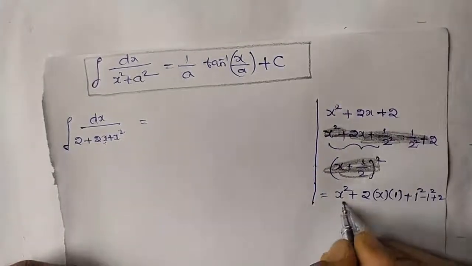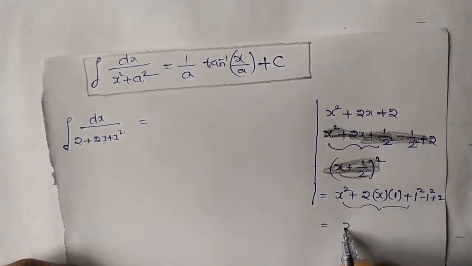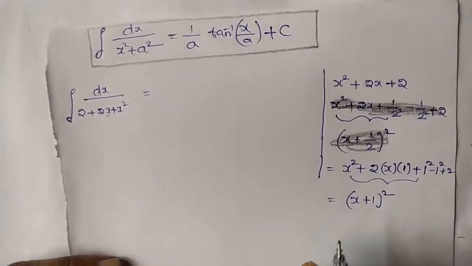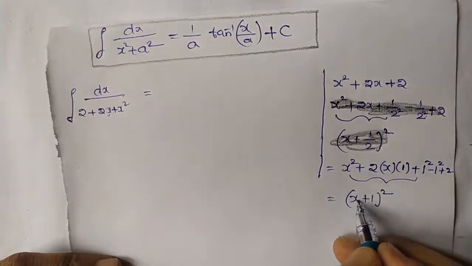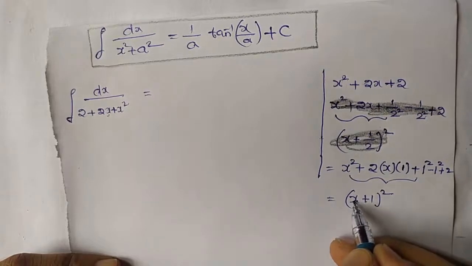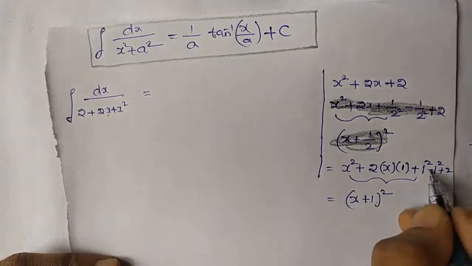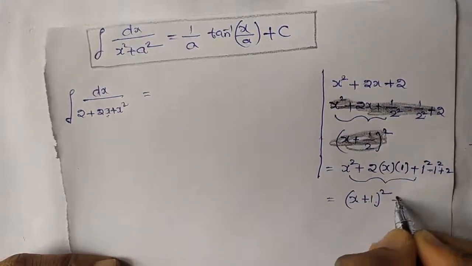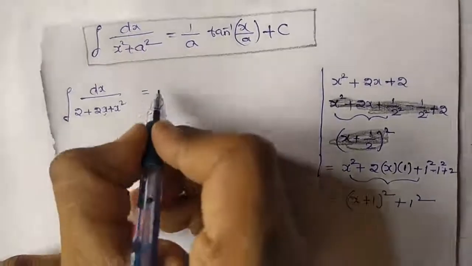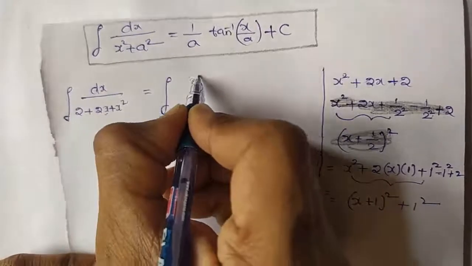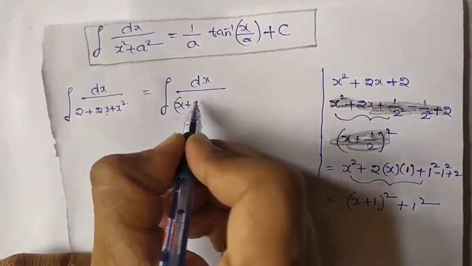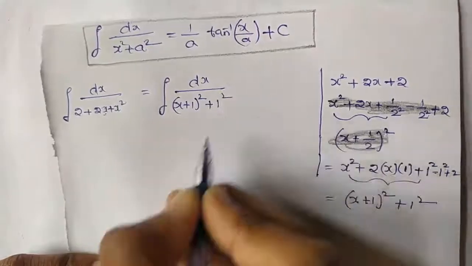Now this can be written as x plus 1 whole square: x square plus 2x plus 1 square, next minus 1 square, so minus 1 plus 2 is 1 square. Integration of dx divided by x plus 1 whole square plus 1 square.